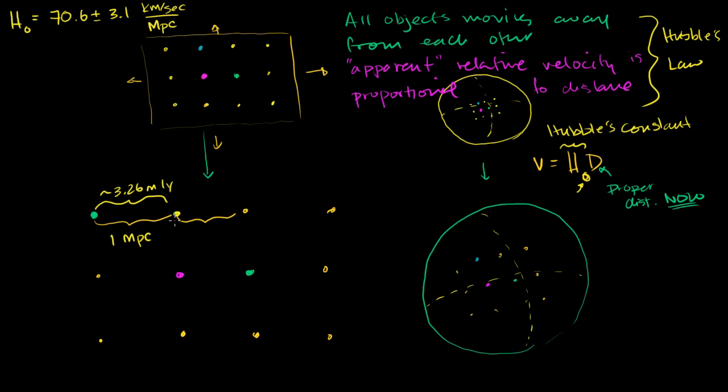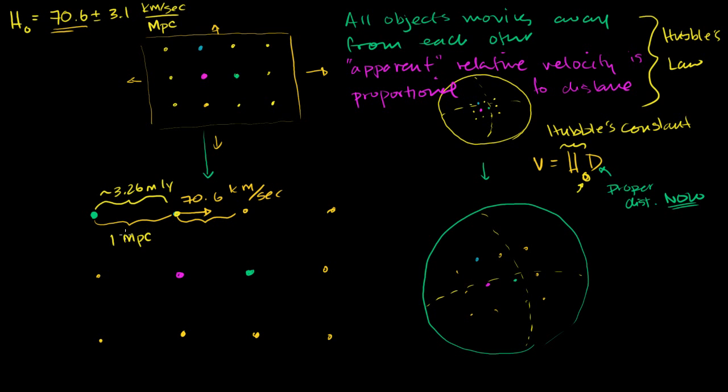Just the space that it's in is stretching in such a way that it looks to be moving, based on its redshift, at 70.6 kilometers per second away from us. So this is a huge velocity, 70.6 kilometers per second. So this is a pretty fast velocity.